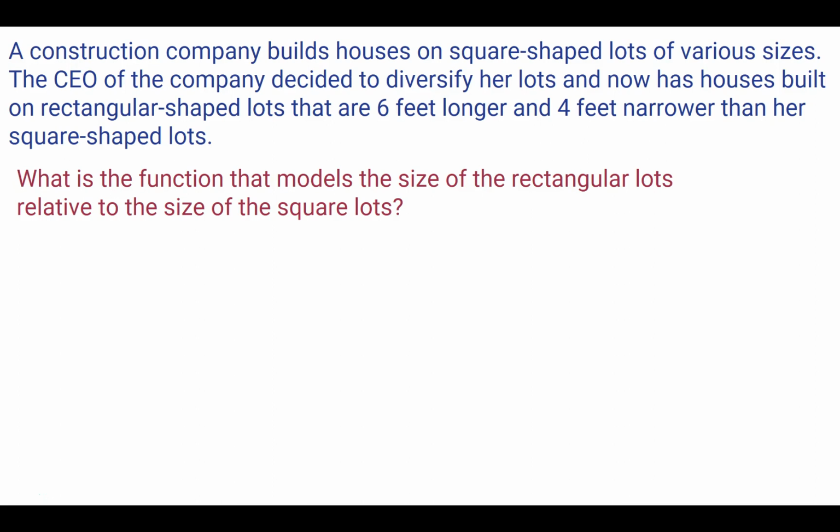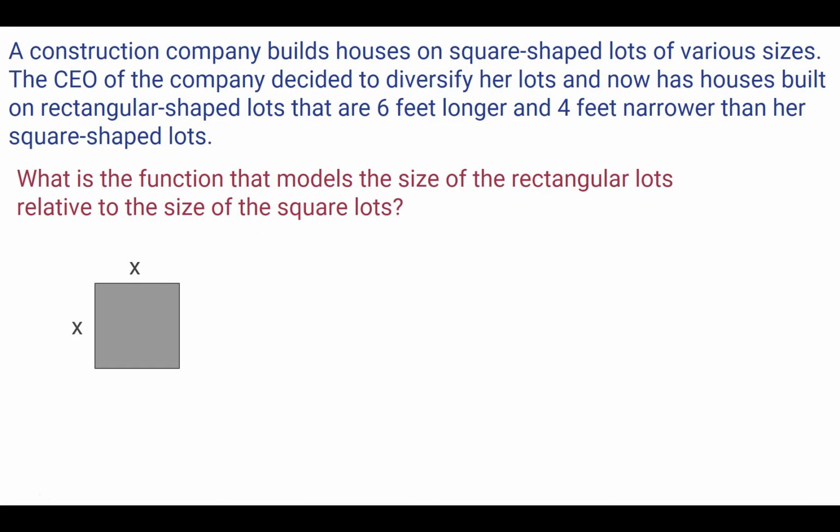So it wants us to create a function that models the size of the new rectangle lots versus the square lots. Okay, so a square lot looks like a square, right? I would draw that in part A. That's what the square lot looked like. Each side was X feet long. We don't know how many feet. Okay, she changed them to rectangles.